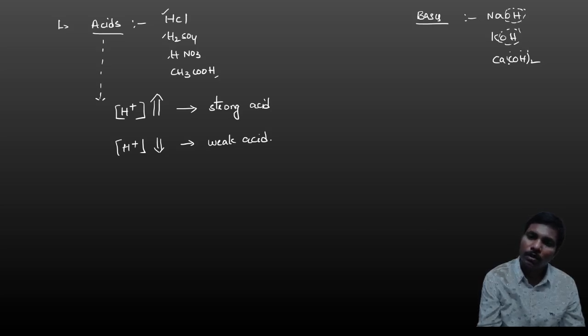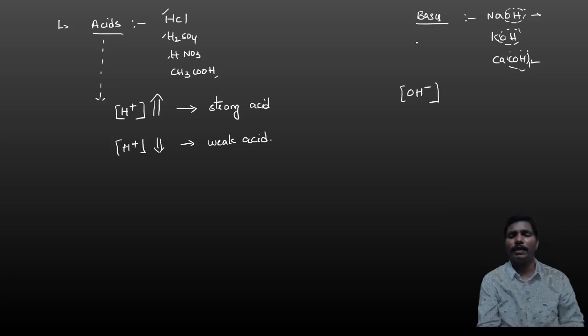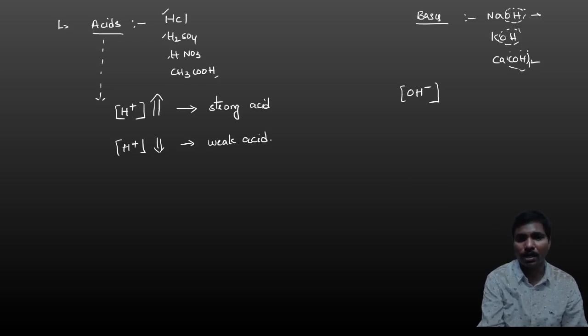If you take the solutions, Na plus OH minus, K plus OH minus, Ca 2 plus 2 OH minus. So the OH minus ion concentration is common in the bases. Here H plus ion concentration in the acids, the same way OH minus ion concentration is in the bases. Whenever this OH minus ion concentration is more, we can say that is a strong base.